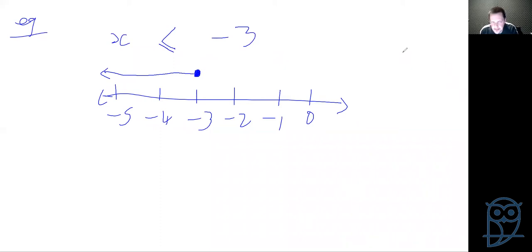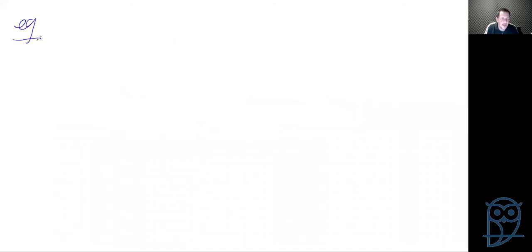Now, you can also get something called a compound inequality, which is where you have 2 inequality signs at once. So this x is now squeezed between the -2 and the 3. Whatever value this is, it needs to be greater than -2, not equal to it, but it also needs to be less than or equal to 3.